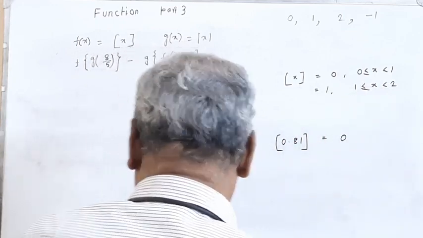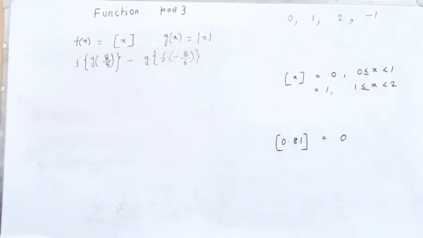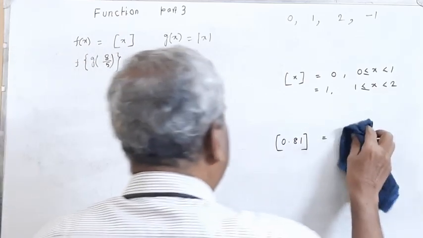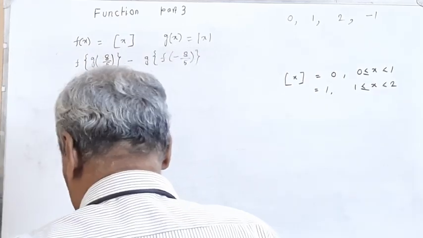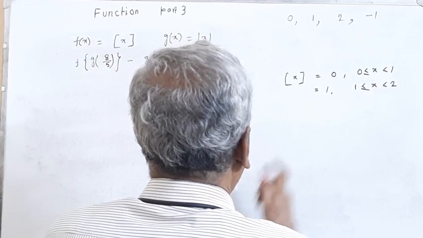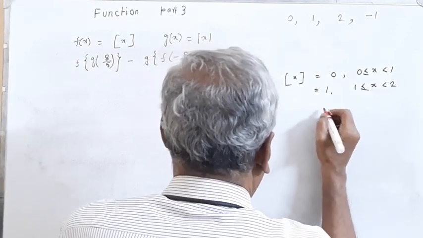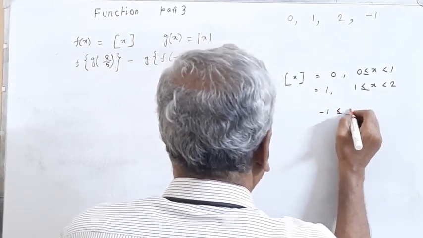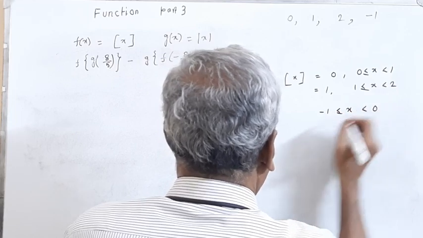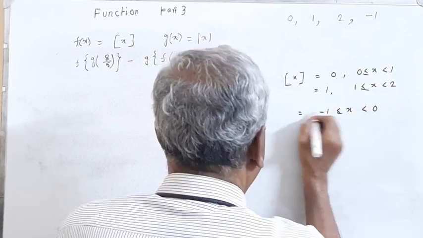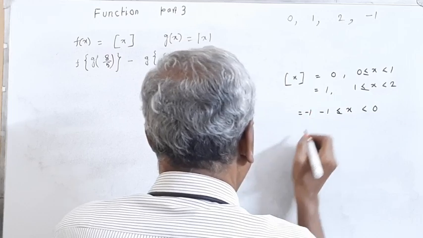Now if x is any negative number, then it is of the type, say, for minus 1 less than or equal to x less than 0, it is equal to minus 1.